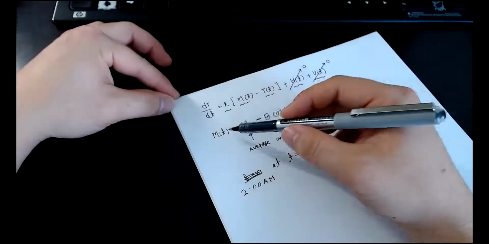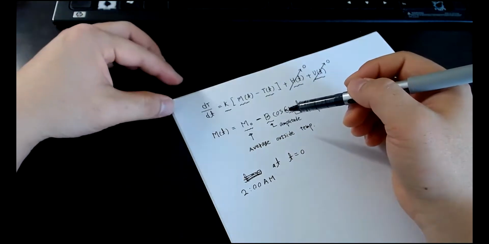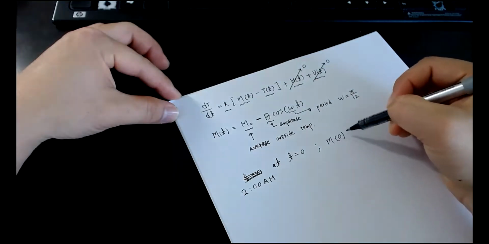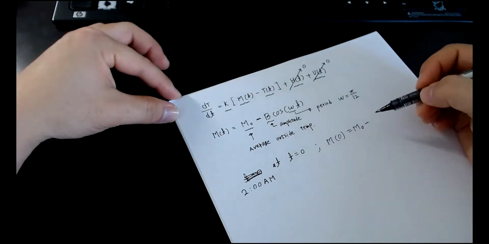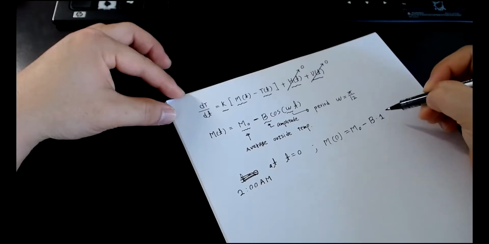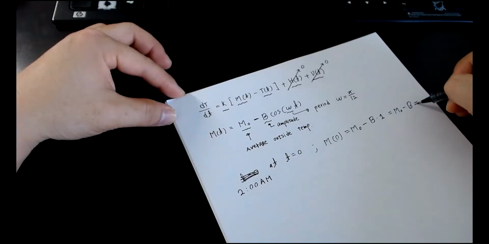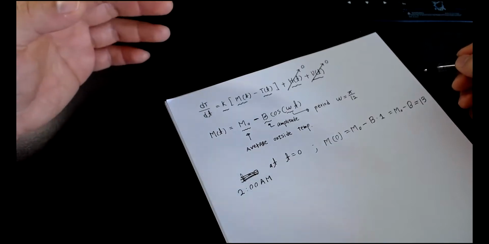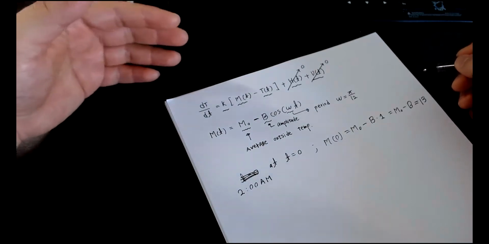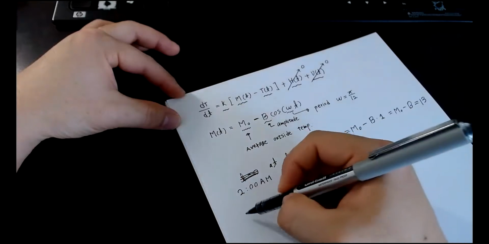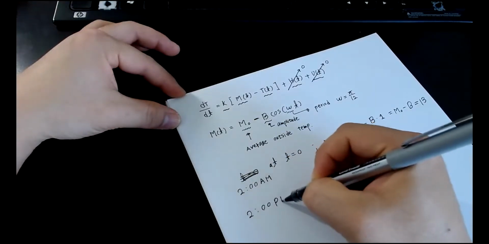Then m of t has its minimum temperature. So m of 0 is m0 minus b times 1, because cosine 0 is 1. So this is m0 minus b, and that must be equal to 13, because the problem says the outside temperature has a minimum of 13 at 2 a.m. So t equals 0 means 2 a.m., and at 2 p.m. the outside temperature has its maximum value.